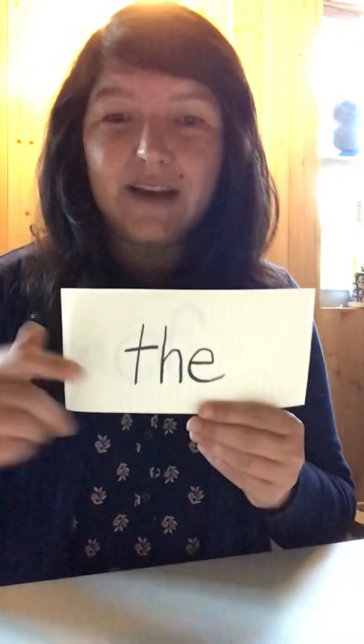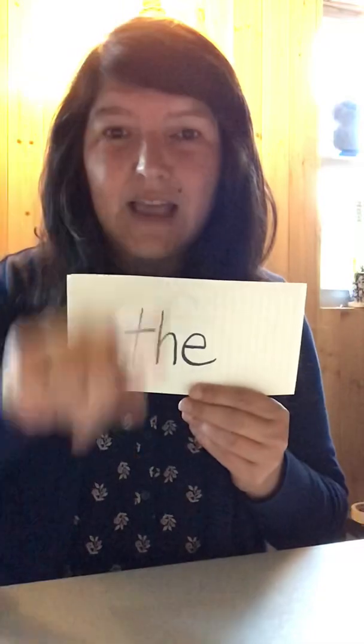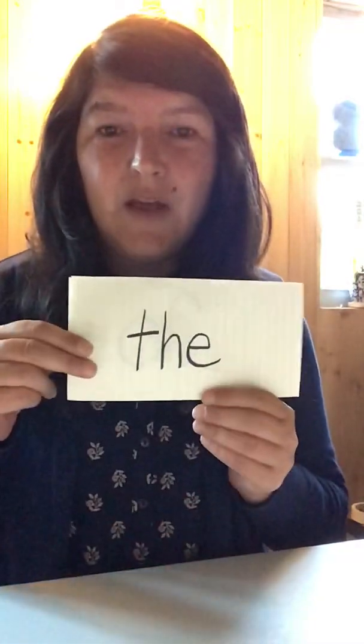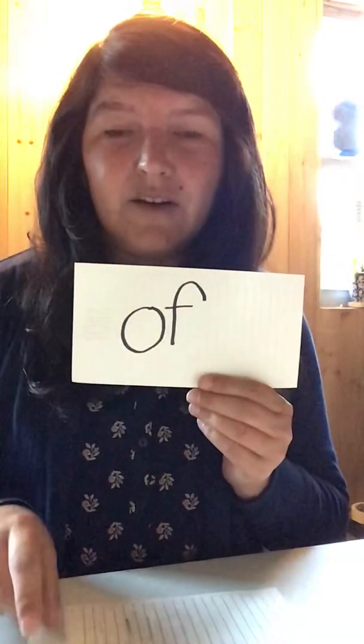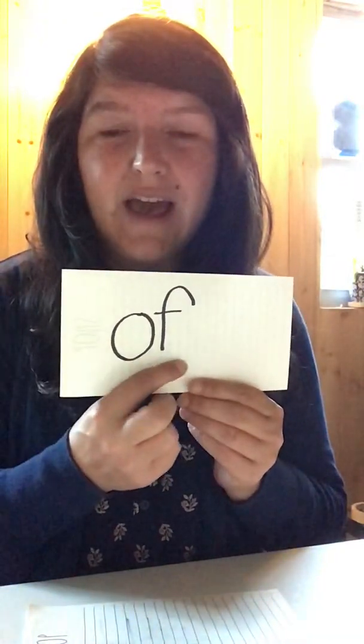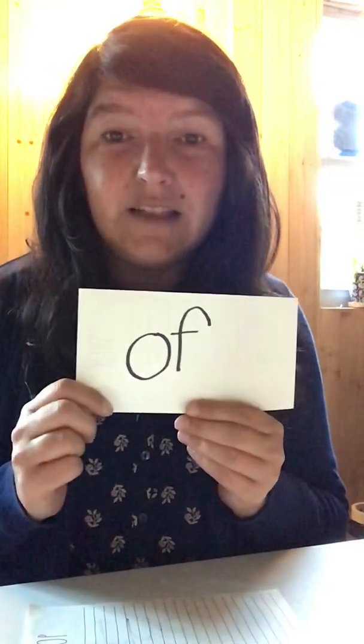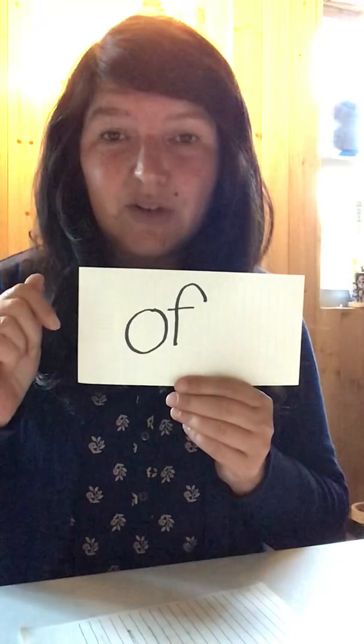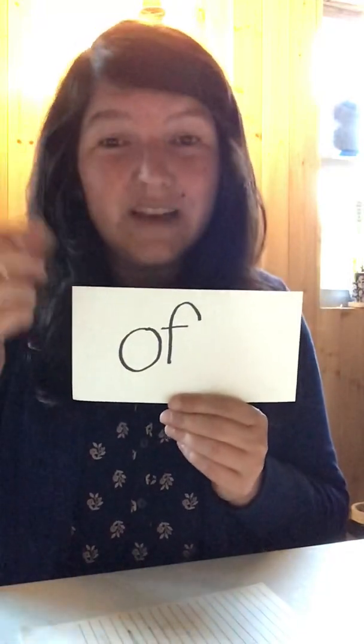Now we're going to go ahead and move on to our sight words. Let's write them in the air. T, H, E, the. Hopefully, with all this practice, you're getting really good at this word. And our other word is O, F, of. When you write this, I want you to say the letters too, because saying them, you hear them, and it gets it in your brain.